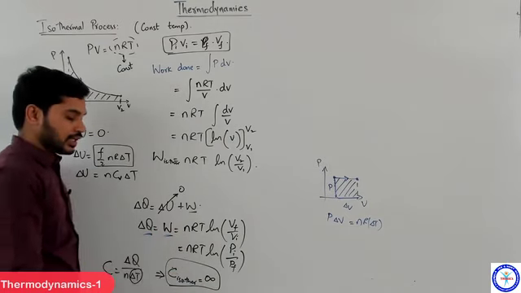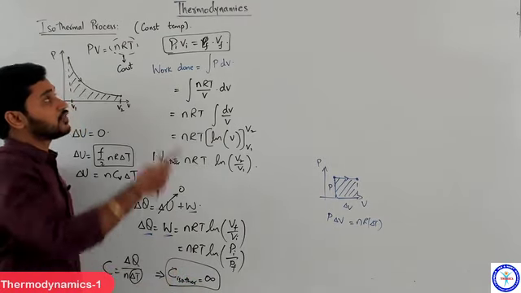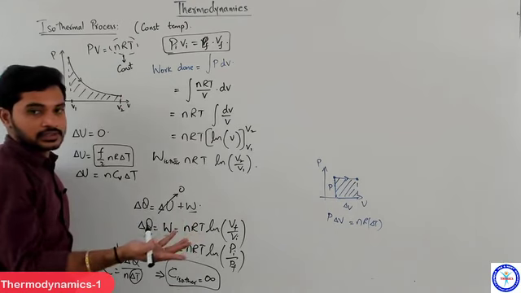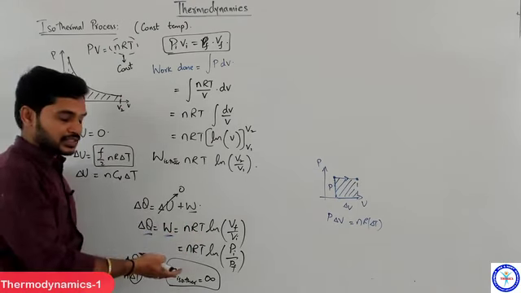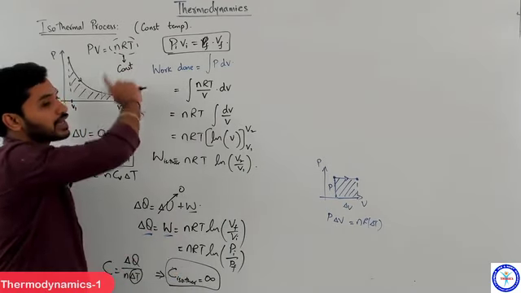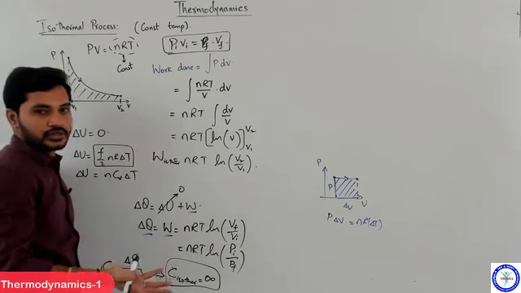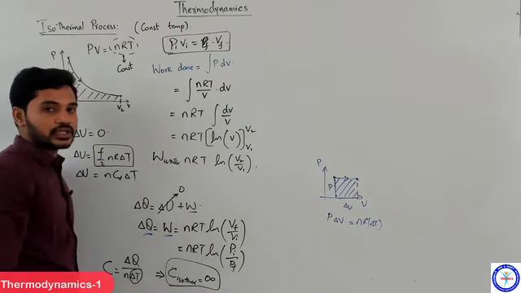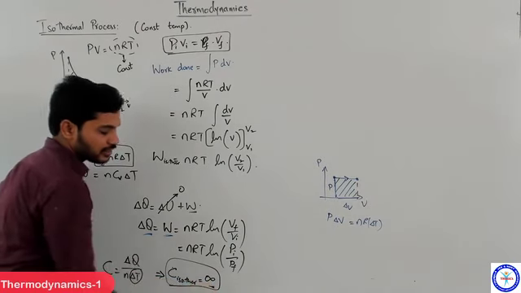What that means is, even if you supply an infinite amount of heat to the gas undergoing an isothermal process, the temperature won't change. Yes or no? So that is how we should understand. To increase the temperature of a gas by 1 degree Celsius in an isothermal process, which we can't do, we need an infinite amount of heat, which is not possible as well. Clear? So that is what this infinity means here.